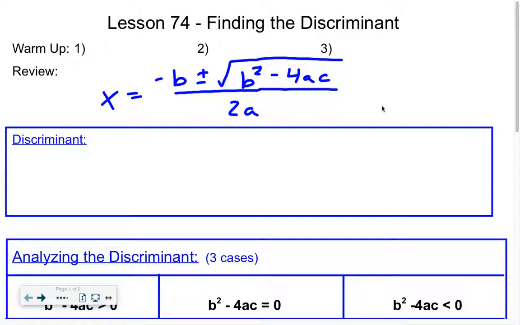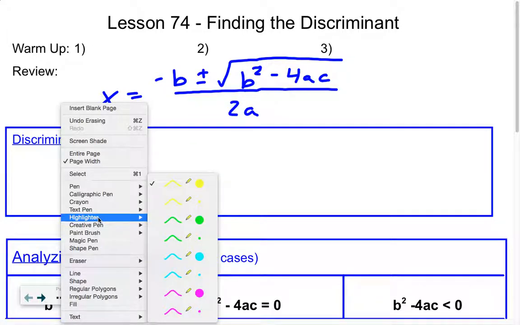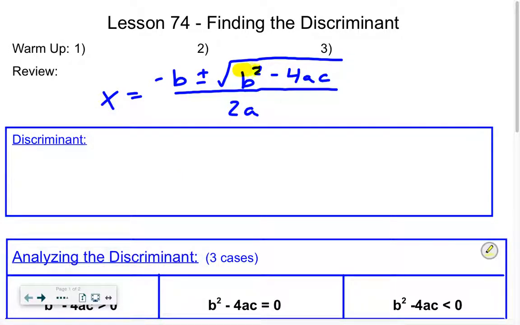And the item that we're going to take a close look at today falls within the quadratic equation, and it's this part right there. Because believe it or not, there's a lot of things that this b squared minus 4ac can tell us. It can actually tell us what type of roots we're going to be looking at.